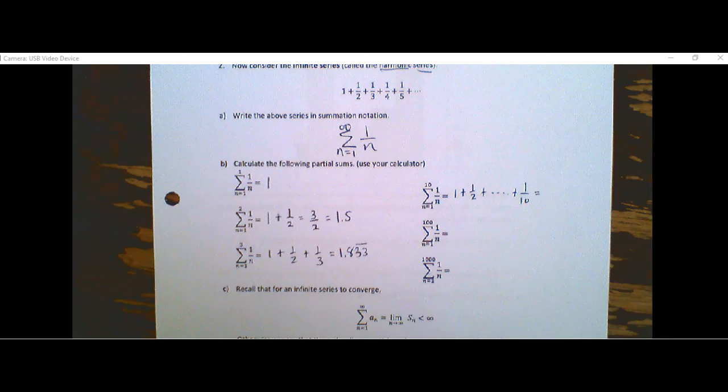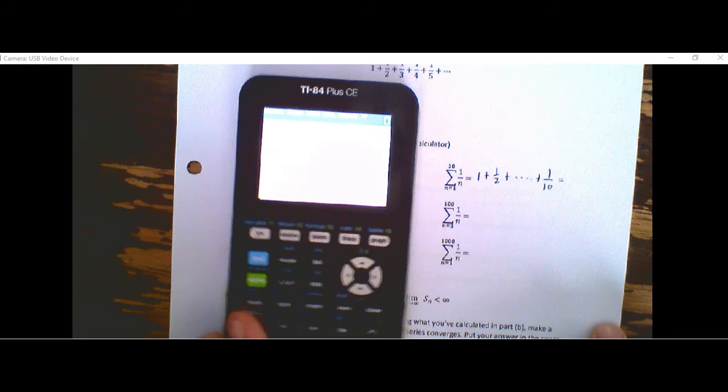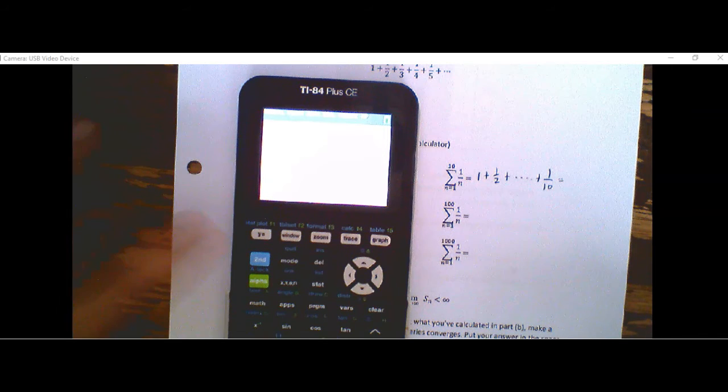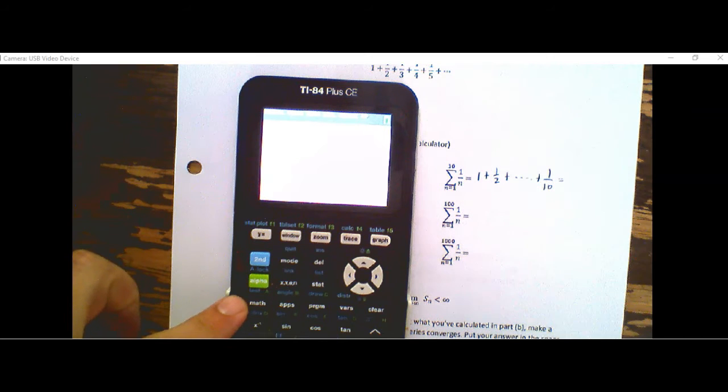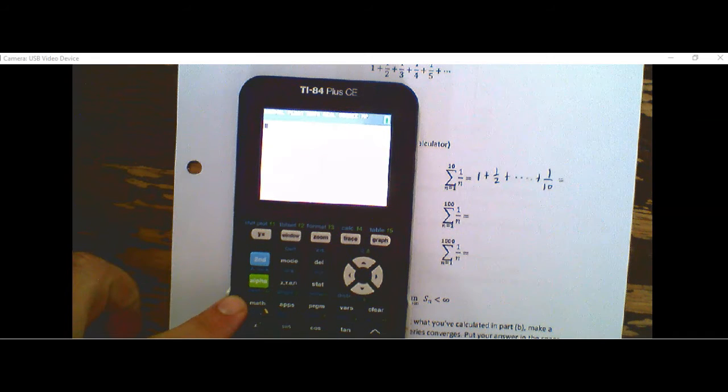Instead of just plugging that in, we can actually use our calculator to get these summations. Here's how you use your calculator to perform some summation. You're going to hit math, the key right under alpha. So just hit math, not second.